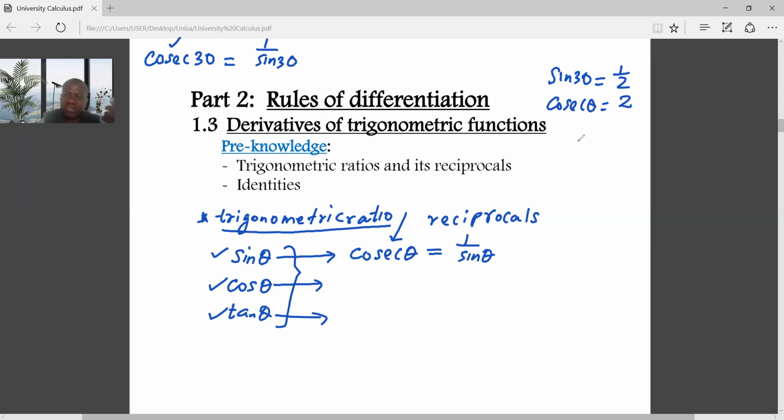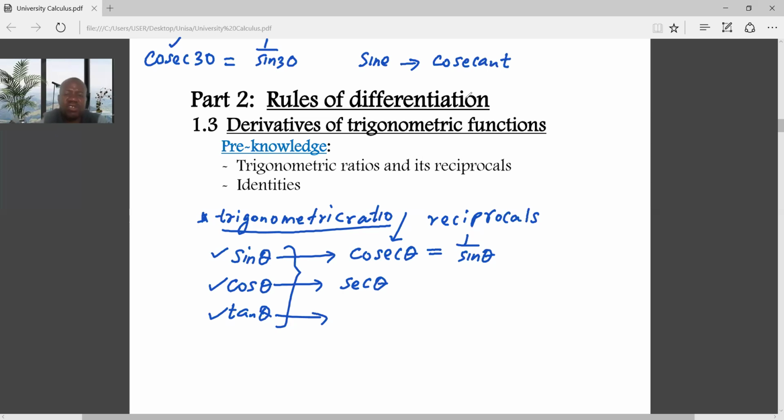Will be 2 because it's just the reciprocal of sine. So you need to be able to know that the reciprocal of sine is cosec, and the reciprocal of cos is sec, which is secant. So we have sine, and its reciprocal is cosecant.